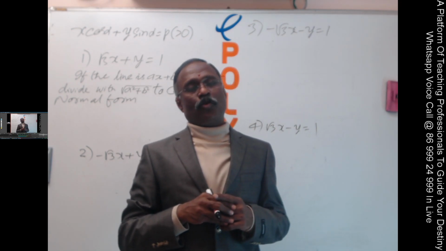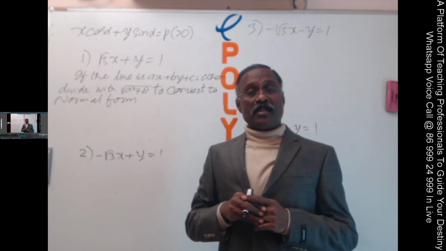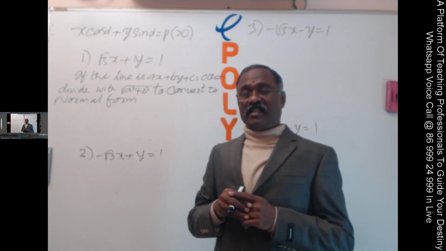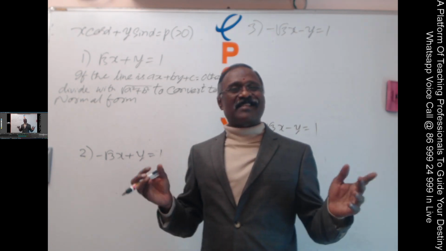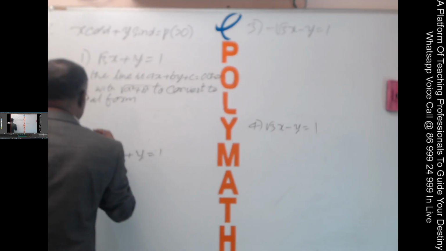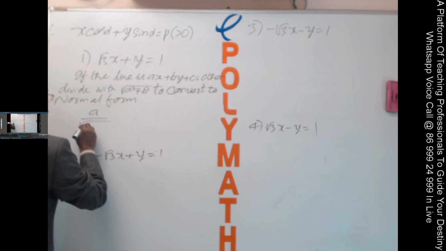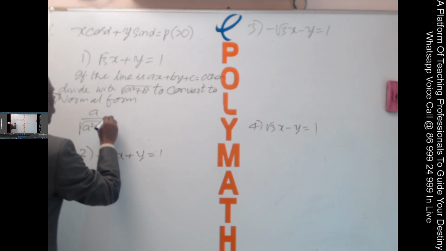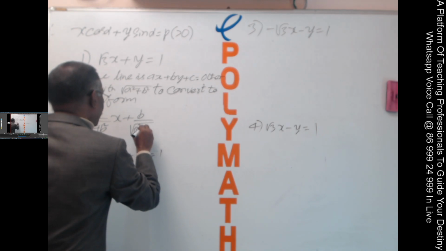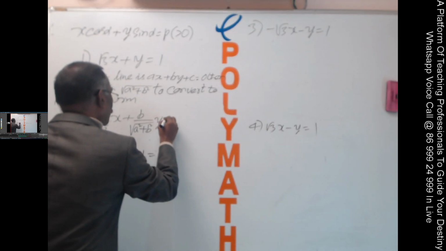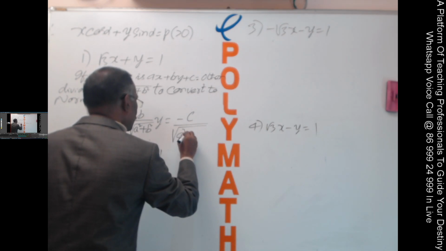That is the purpose of dividing with root over A square plus B square, because we want to convert these coefficients to the cosine and sine, and thereby this becomes A by root over A square plus B square into X plus B by root over A square plus B square into Y is equal to minus C by root over A square plus B square.